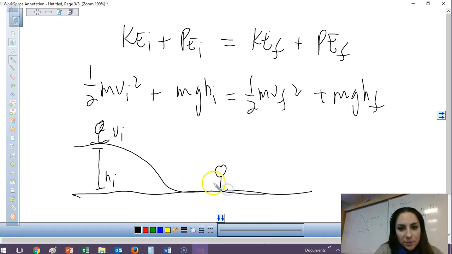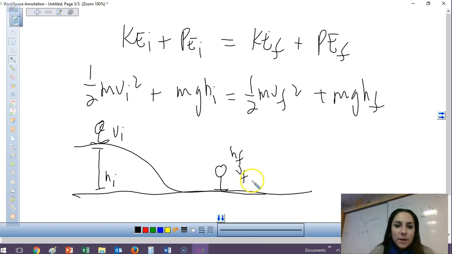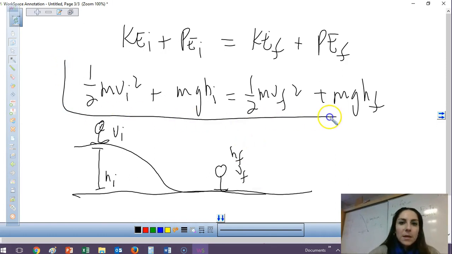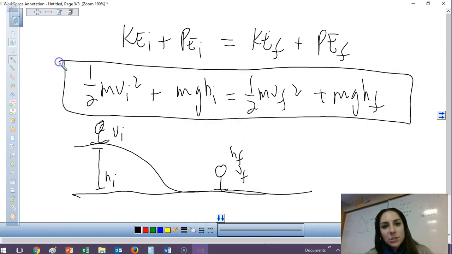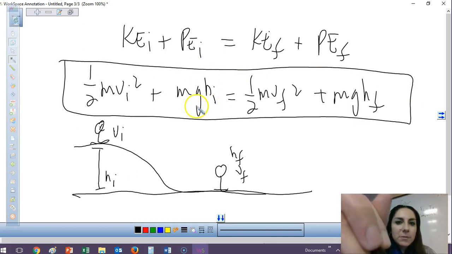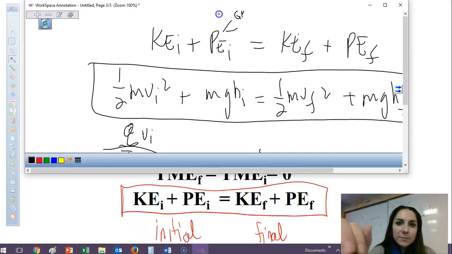I'm going to choose this as an arbitrary example, where this would have some final velocity and some final height, but it doesn't matter. I can use this to solve our systems like this. Right now, I just modeled gravitational potential energy, but please note that this can be both or either.